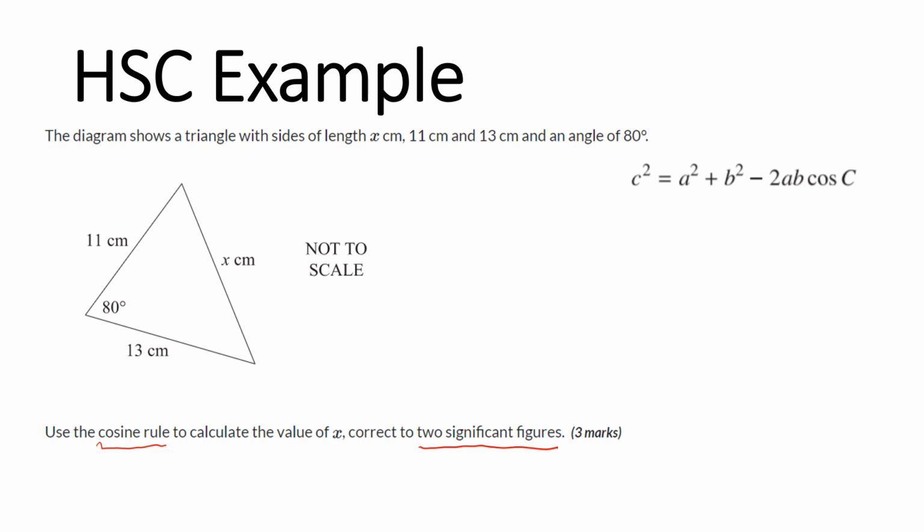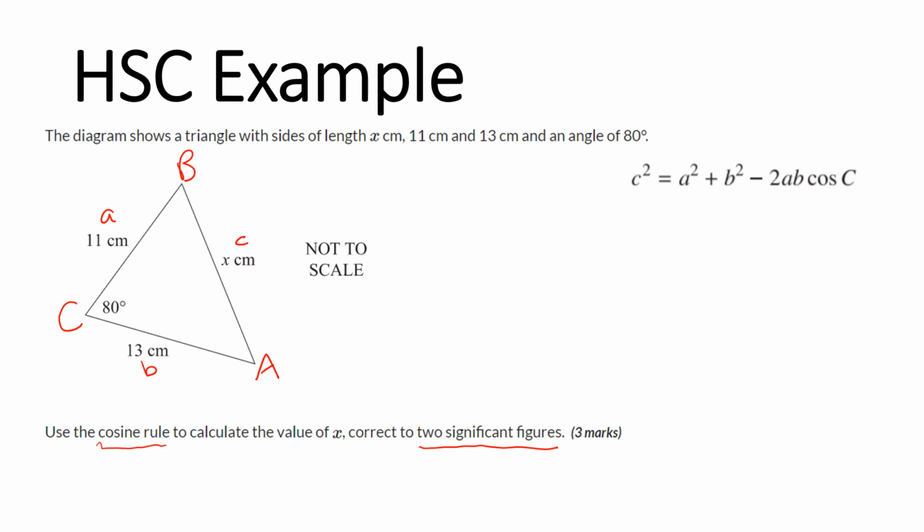So we'll put a c at x and a capital C at the angle 80 degrees because that's going to be our angle that we use. And then we can just label the other ones A and B like so.